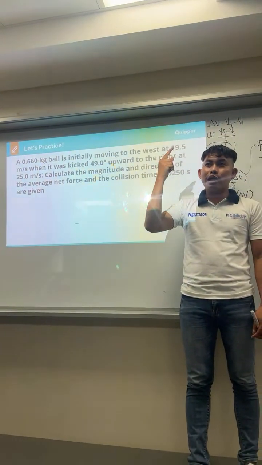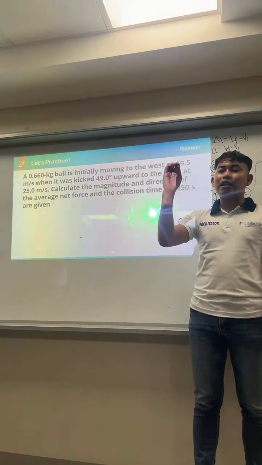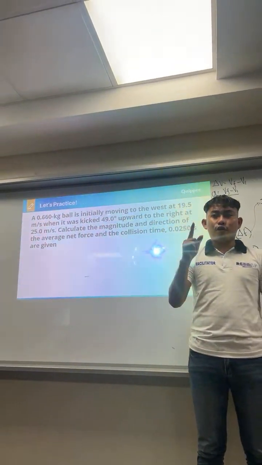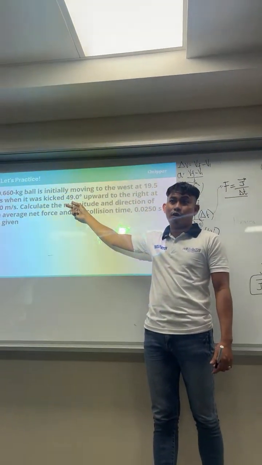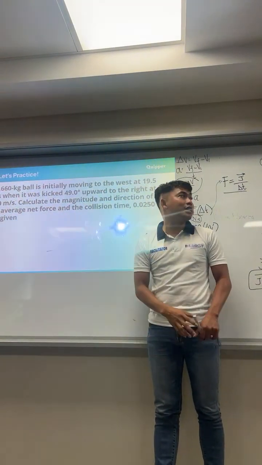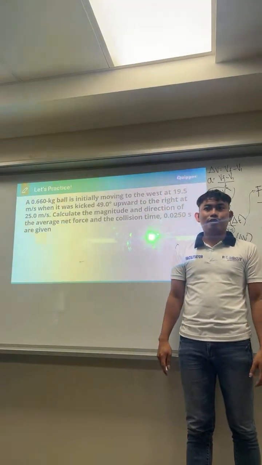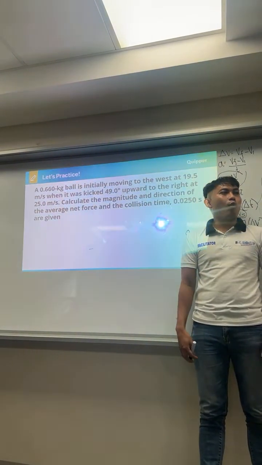Pag north, 90. Pag west, 180 degrees. That's the angle that you are going to use for initial velocity. For final velocity, based on the given is ito. Okay, pakitasa na, then solve for the x component ng impulse. At saka y component ng impulse. Okay? I will give you enough time and board member.